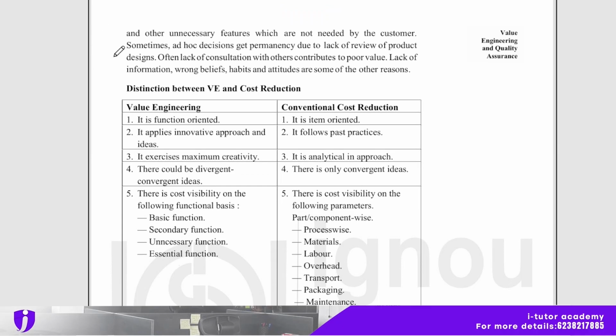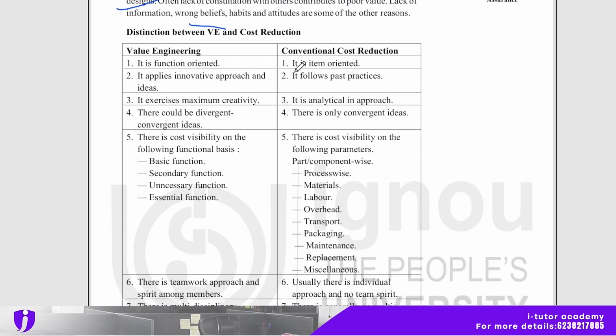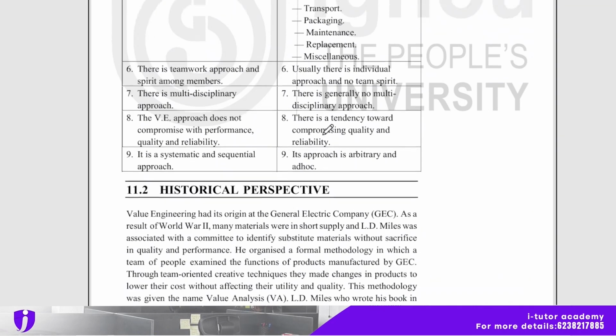Sometimes ad hoc decisions get permanency due to lack of review of product design and often lack of consultation with others. Lack of information, wrong beliefs, habits and attitudes are some of the other contributors to poor value.